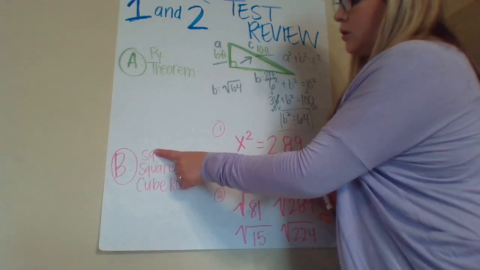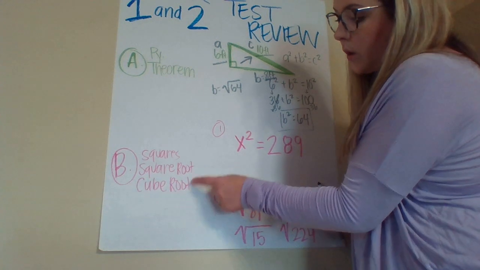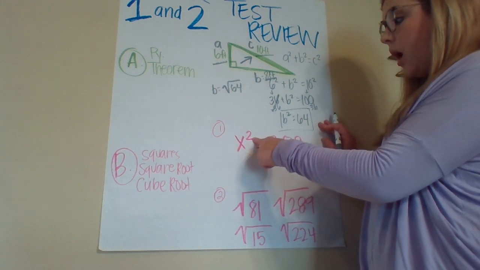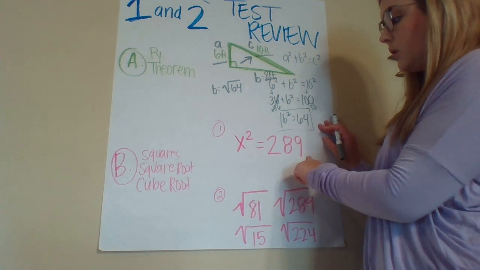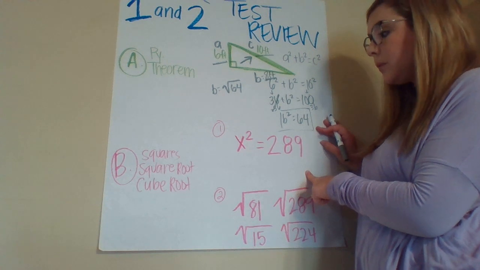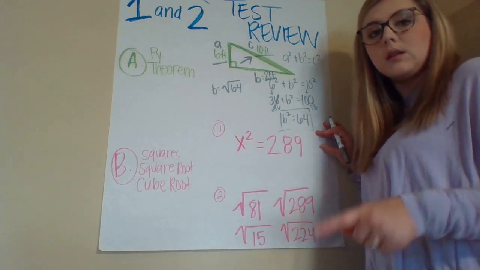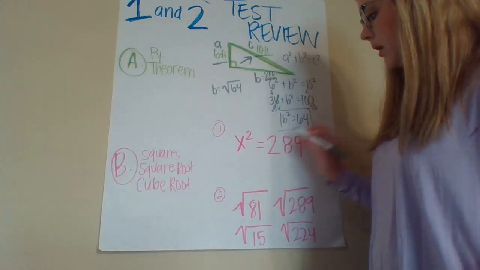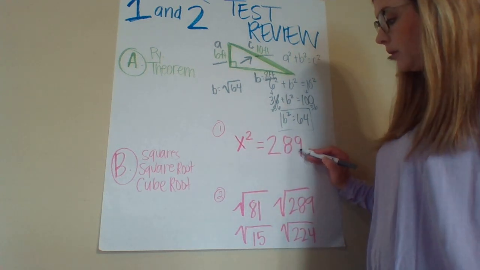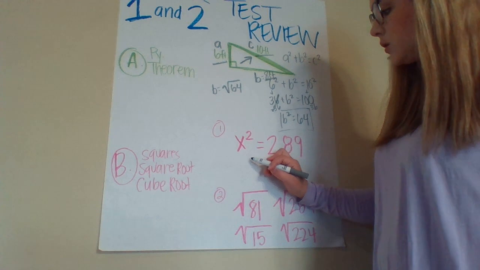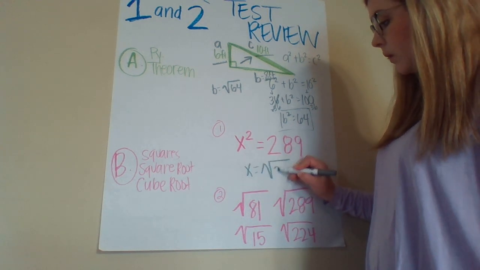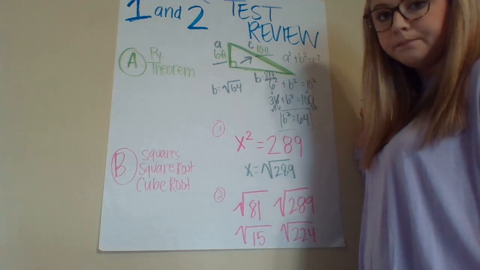This is exactly what we did in lesson 2 on squares, square roots, and cube roots. We talked about the opposite of squaring, and that would be this. This looks very similar to an exact test question that you'll have. You'll simply have to enter in the value of x. There's really only one solving step here: get the square root of this number and see if it's a perfect square. So x would equal the square root of 289.